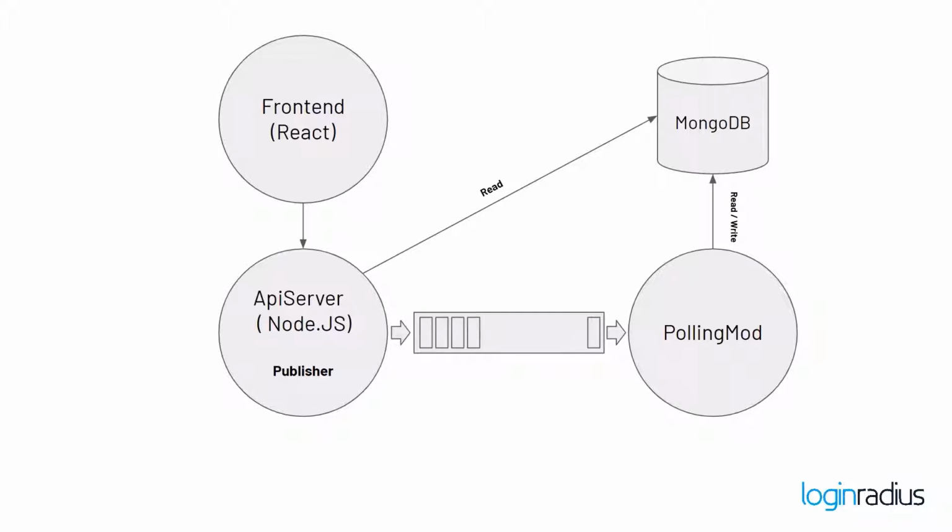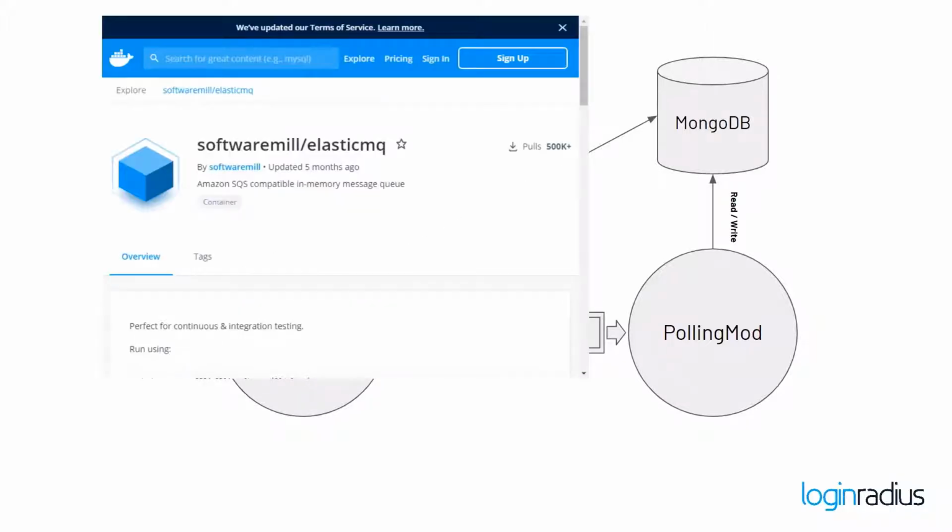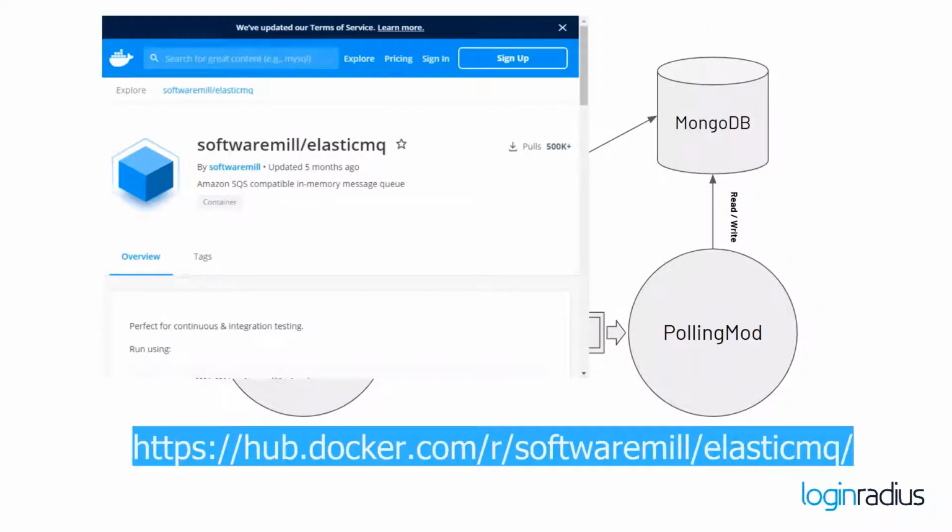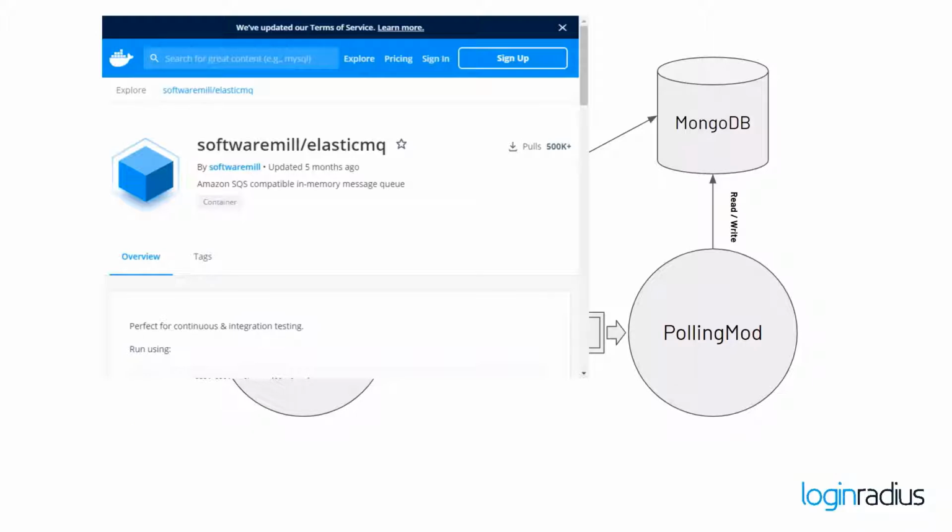Now we shall be creating images out of those coded components, that is the front end, API server, and the polling module. But for the queuing thing, we shall be using a Docker image of SoftwareMill ElasticMQ. This simulates SQS in memory, and it works really like an SQS running locally.